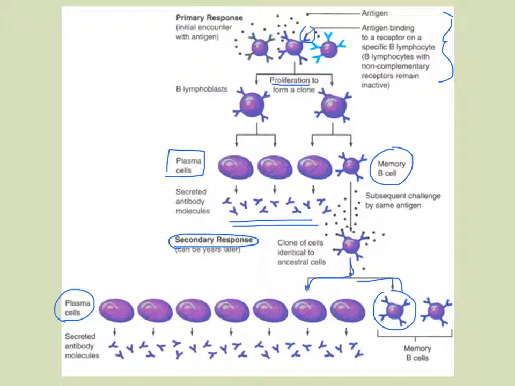So you can see the secondary response is much larger than the primary response, and we'll talk about this later. But this is why you get booster shots. If you get a vaccination, as you're getting subsequent triggers by having the antigen being presented to your body, then it just kind of ramps up your response and becomes stronger and stronger each time.